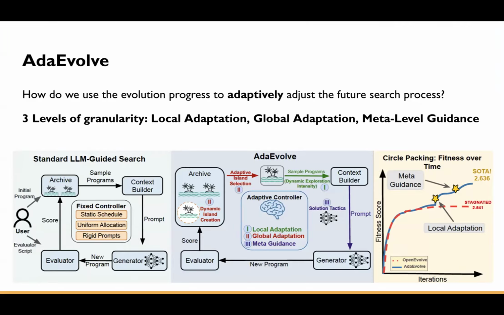Island-based evolution has existed in evolutionary search and genetic algorithms since the 1960s or 70s. But now, having different islands, how do we create new islands? In AdaEvolve, the new islands are created adaptively and dynamically. And with multiple islands, the islands are chosen based on an upper confidence bound score, so it's a multi-armed bandit problem. And lastly, meta guidance adapts the solution tactics that guide the search process.